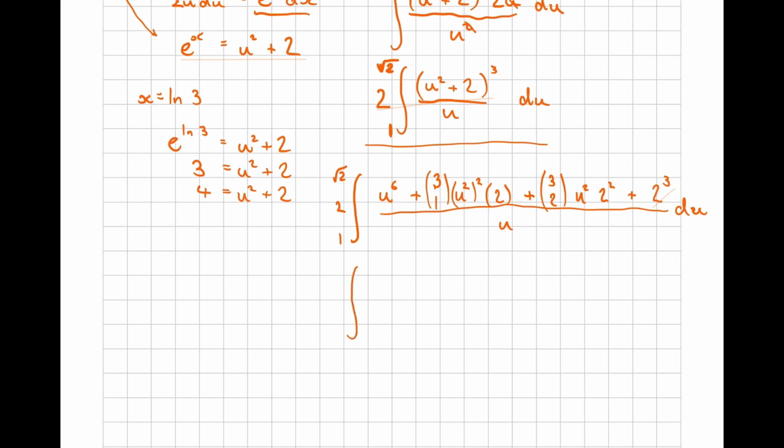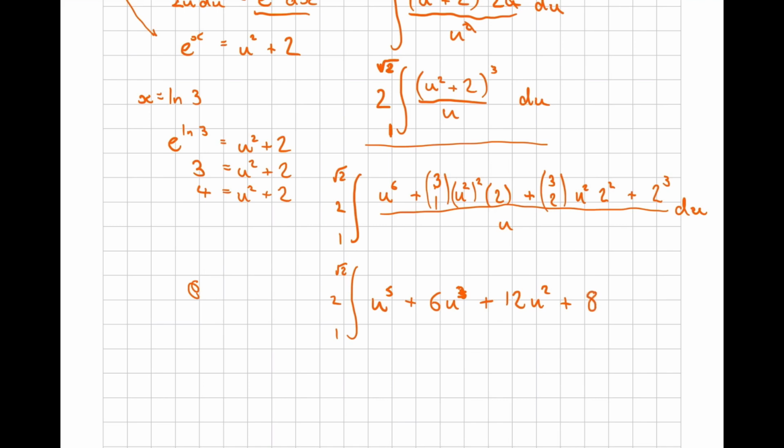Now I need to expand and cancel that out. So u to the 6 over u is u to the 5. 3 choose 1 is 3, times 2 is 6, and that's 6u to the power 4, but then I'm dividing by u, so that's 6u to the power 3. 3 choose 2 is 3, times 2 squared, which is 4, it gives me 12u squared over u.